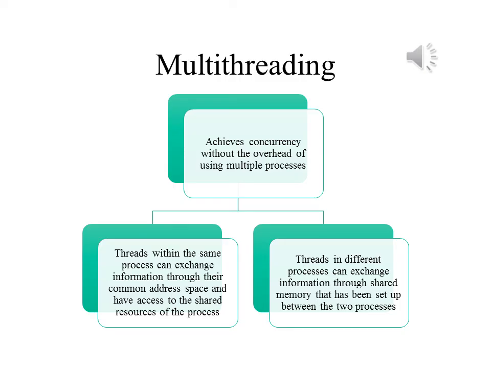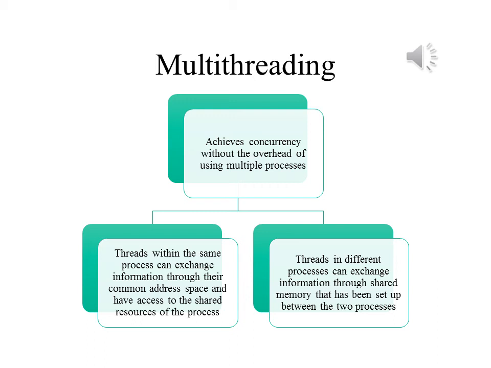Windows supports concurrency among processes because threads in different processes may execute concurrently, appearing to run at more or less the same time. Moreover, multiple threads within the same process may be allocated to separate processors and execute simultaneously, actually running at the same time. A multi-threaded process achieves concurrency without the overhead of using multiple processes.